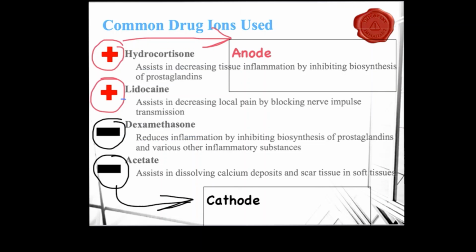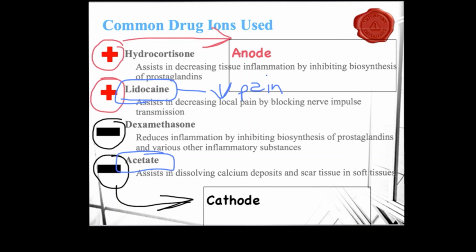Okay, so now you have lidocaine as well. Now lidocaine is not a corticosteroid, but it's an anesthetic agent. So it's going to decrease pain or anesthetize the area. Just like Novocaine before a dental procedure, lidocaine would anesthetize the area. Acetate is going to look at something different.